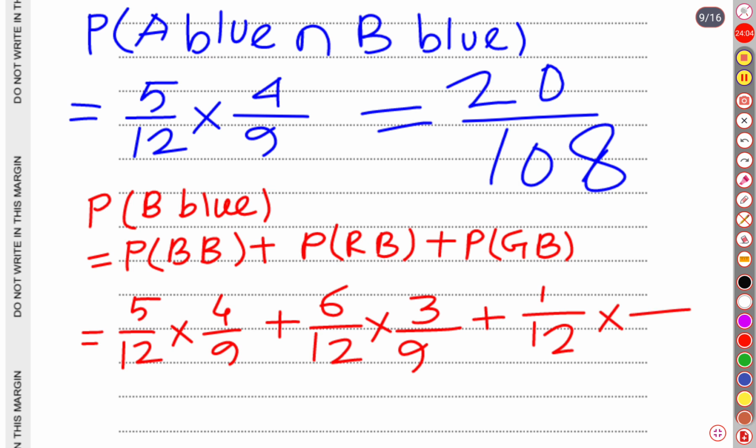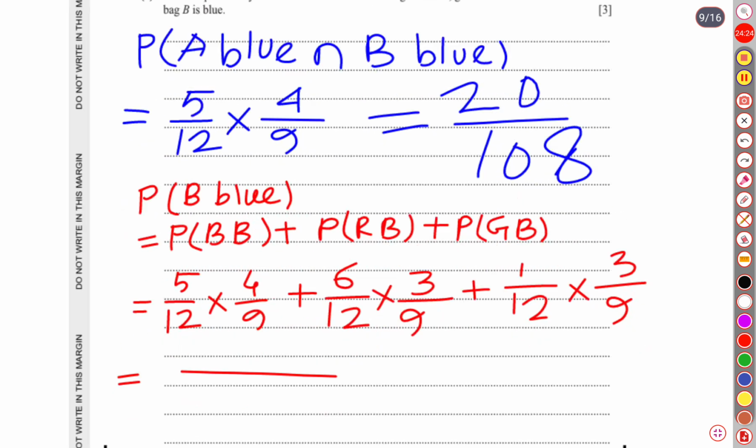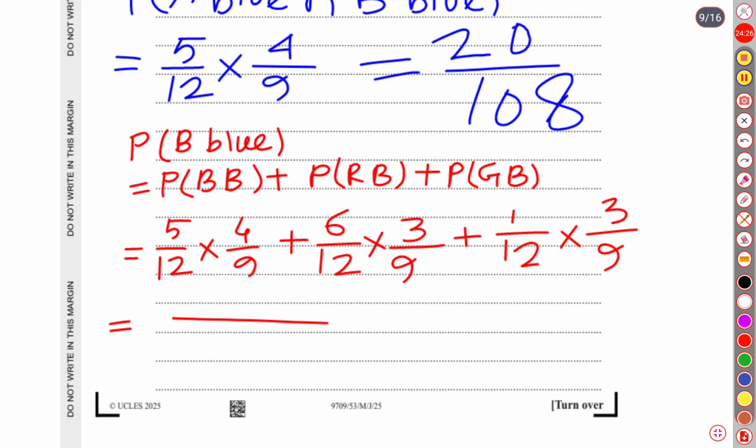And this marble has been kept in the second bag, so the total number is 9. But for the second one, I mean the blue marble, there were 3 blue marbles, still there are 3 blue marbles. So if we use our calculator, it will show that our probability is going to be 41 over 108.